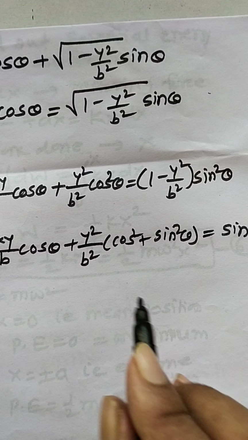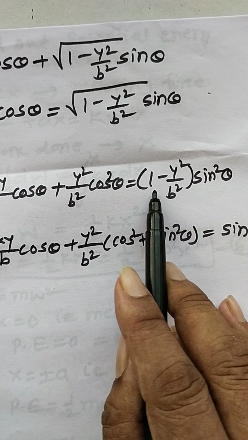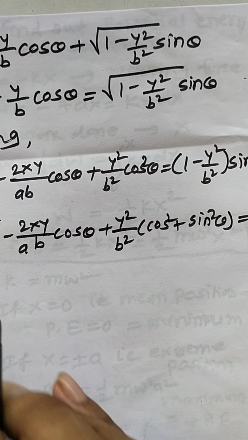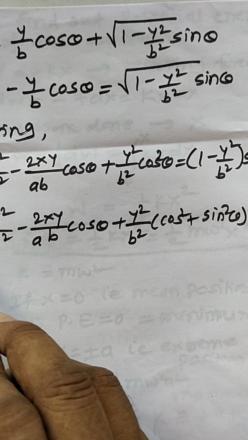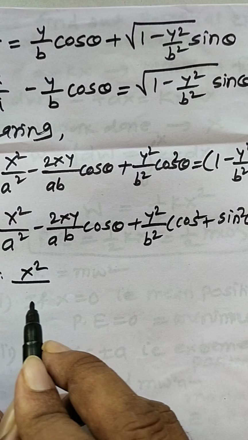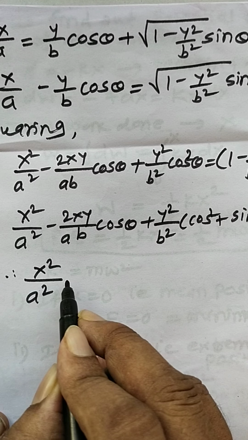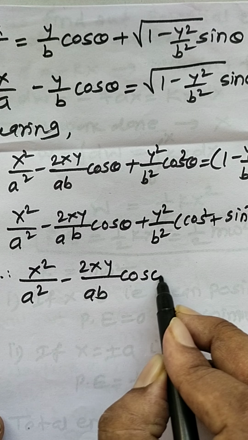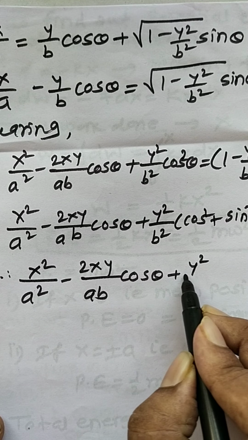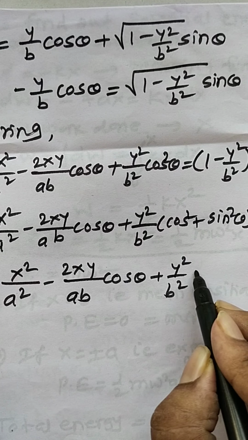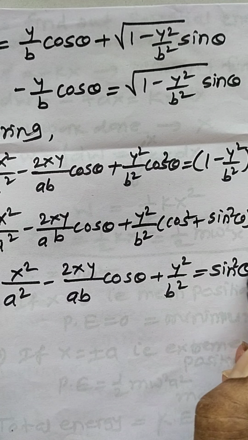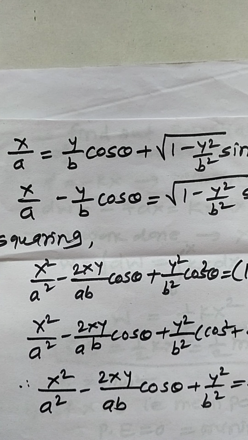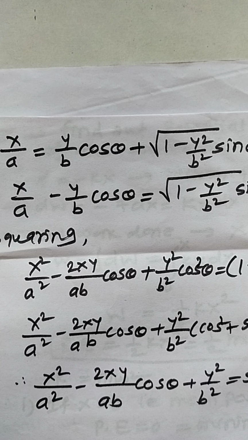So the next step is x square upon a square minus 2xy upon ab cos theta plus y square upon b square is equal to sin square theta. This equation is equation number 4.